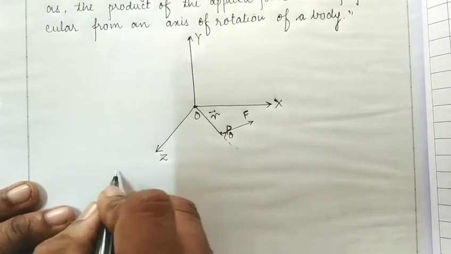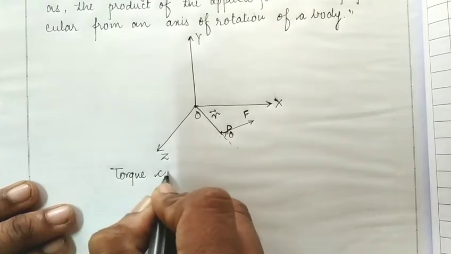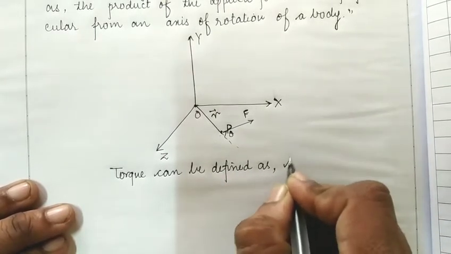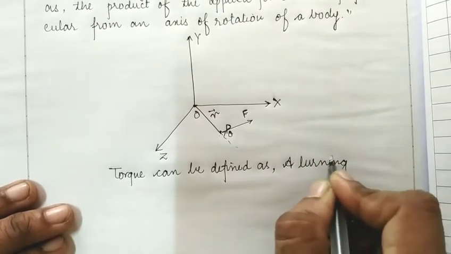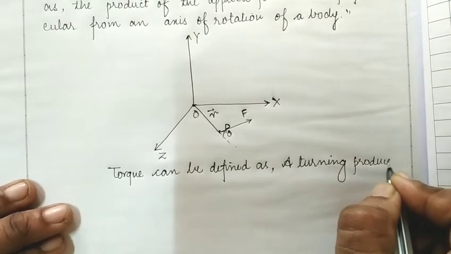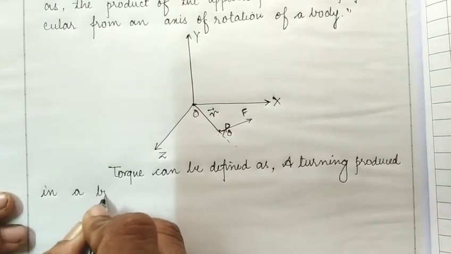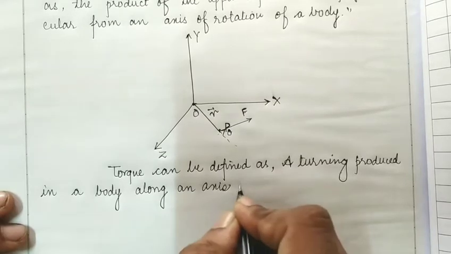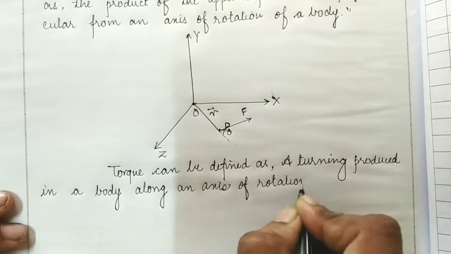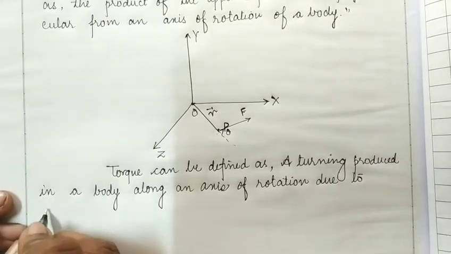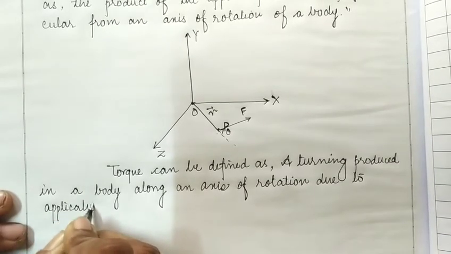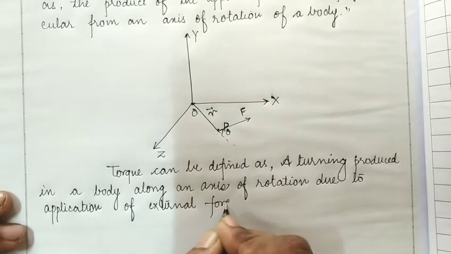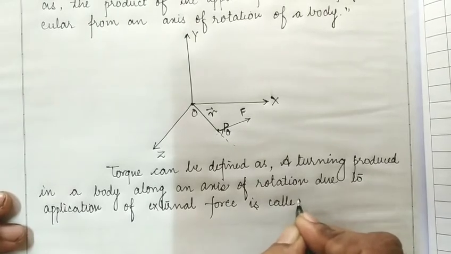So torque can be defined as a turning effect produced in a body along an axis of rotation due to the application of external forces, and it is called the moment of force of a body.